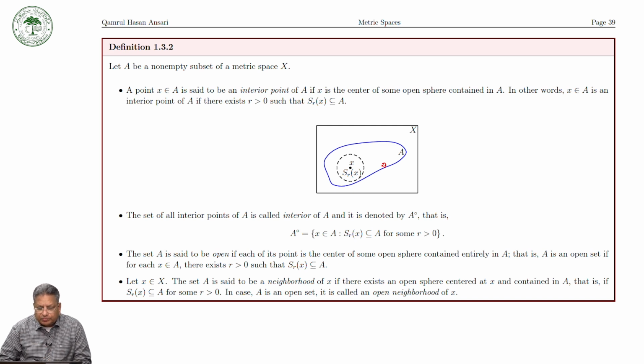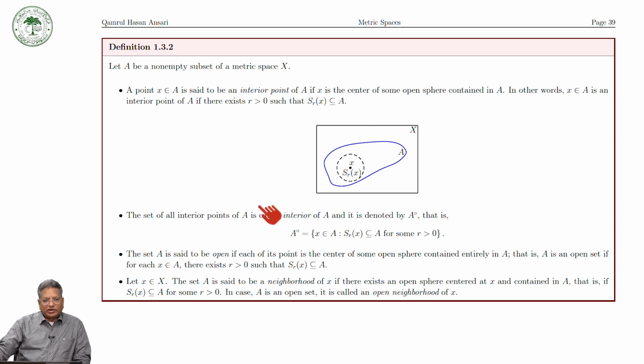So this would be an open sphere with radius r and center at this point, so this point would be an interior point. The important part is that it is the center of some open sphere, not all open spheres.